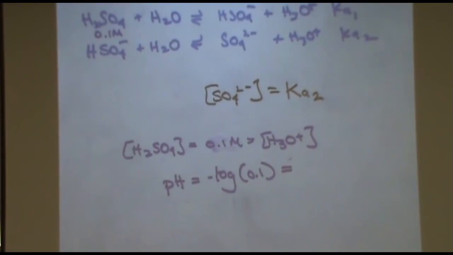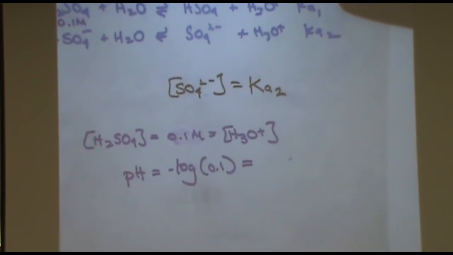Would you need an ice table? Yes or no? Do you need an ice table for any of the other equilibrium concentrations? No. The ice table is only potentially used for the first reaction. If the first reaction is a strong acid, you're not going to use the ice table, so by default you wouldn't need it.